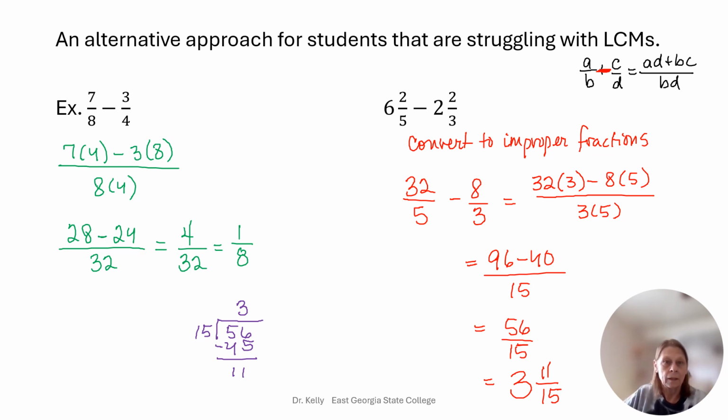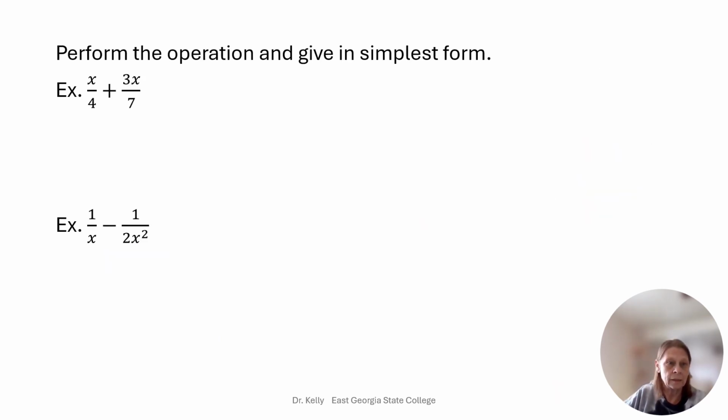Okay, let's see what's next. All right, we're getting close here. Let's perform the operation and give the solution in simplest form. So we're just going to employ that formula that we've been using here. So this guy is going to be 7 times x plus 4 times 3x over 4 times 7.